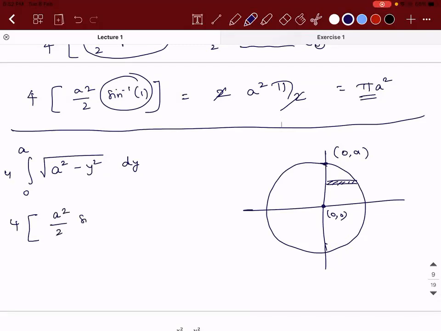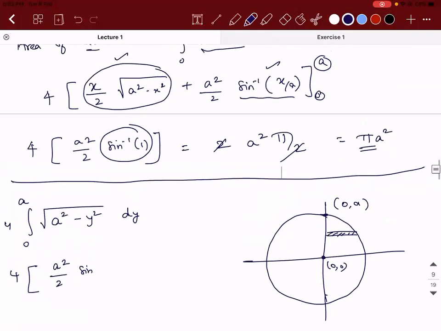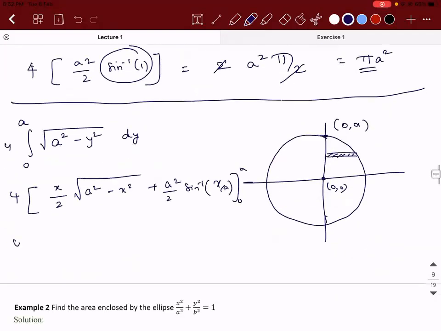4 into x by 2 into root of a square minus x square plus a square by 2 into sine inverse of x by a, between 0 to a. So 4 into, I'll get the same answer, a square into pi by 2.